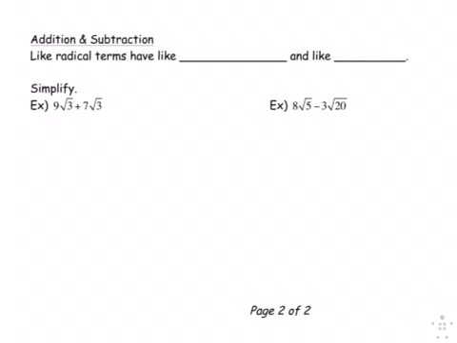Looking at the last part of the lesson, addition and subtraction of radicals, you have to have like indices and like radicands in order to add or subtract radicals. If you don't have that, but like in this second example, you could simplify and achieve like radicands and like indices, then you could go ahead and add or subtract.